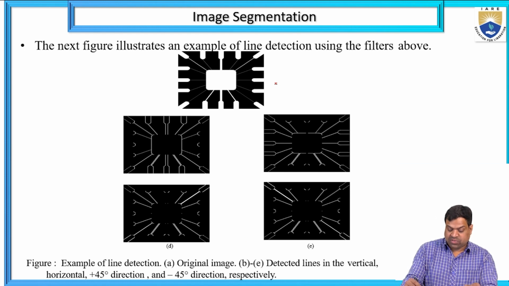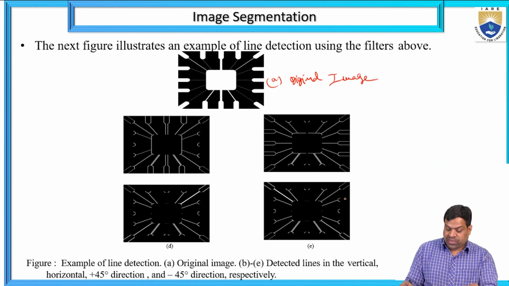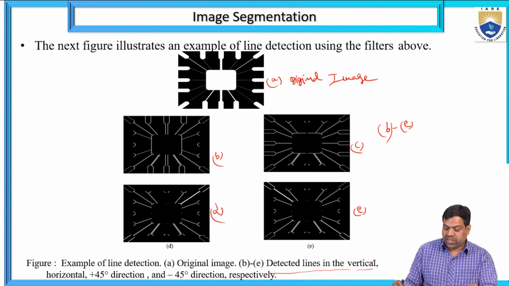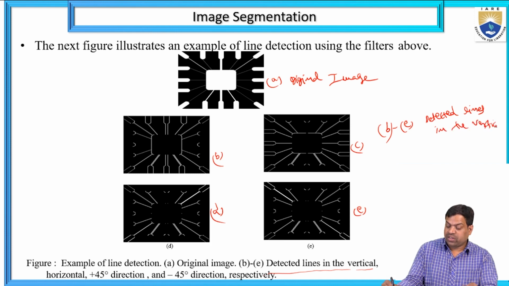The first one is the original image, and figures B, C, D and E are the detected lines in the vertical, horizontal, plus 45 degrees and minus 45 degrees directions.